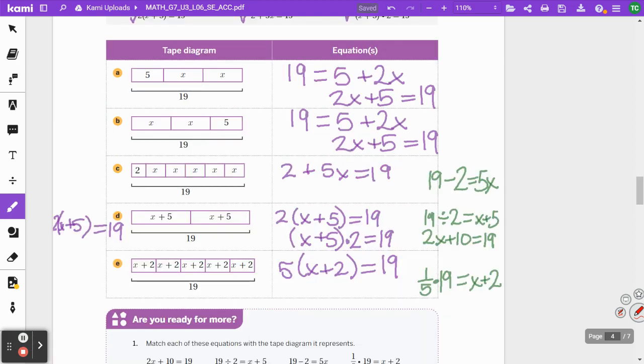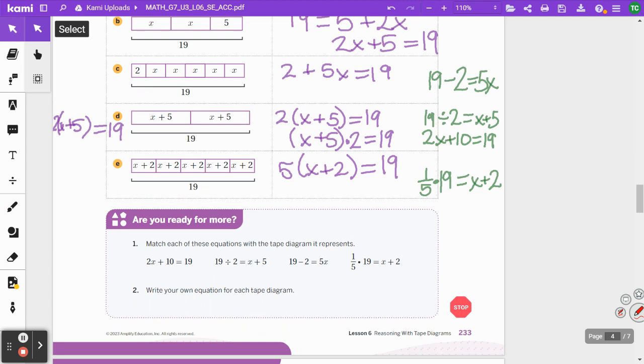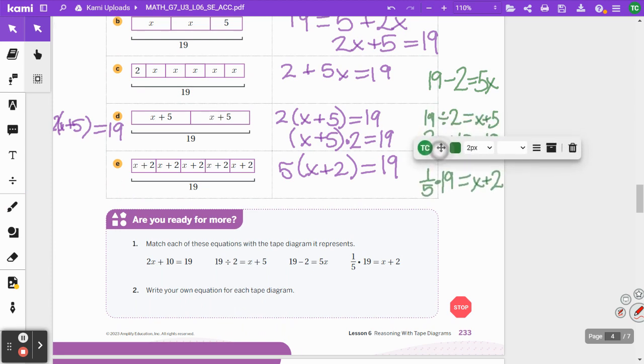All right, ladies and gents, go ahead and check them. 2x plus 10 equals 19. That would be when this disappears.